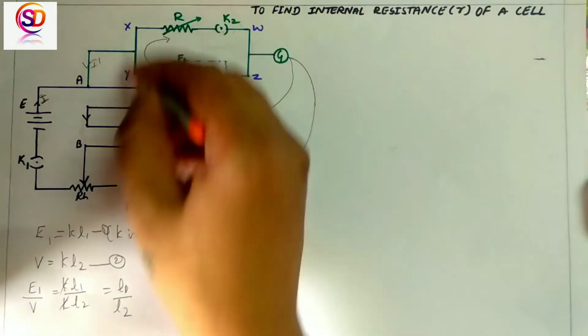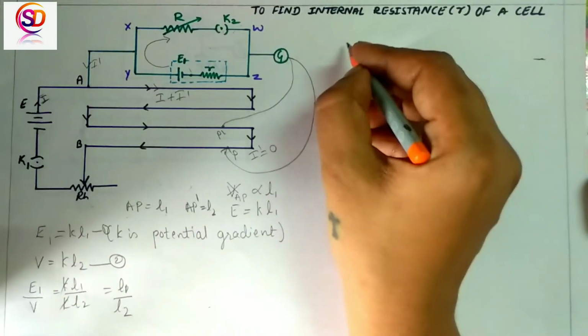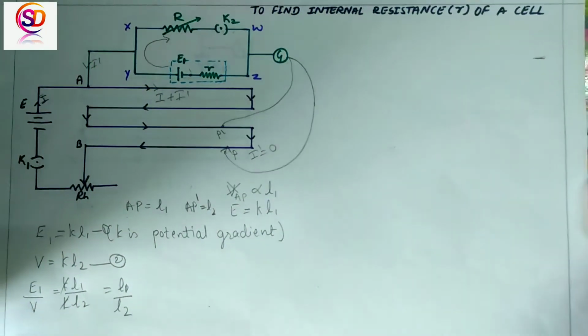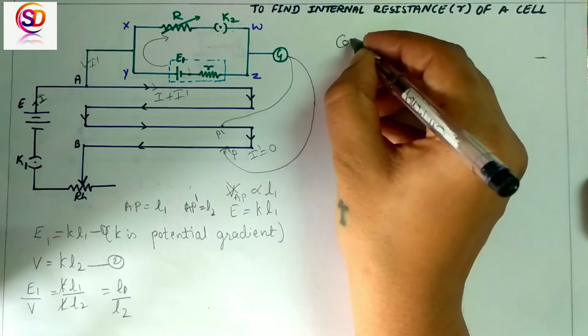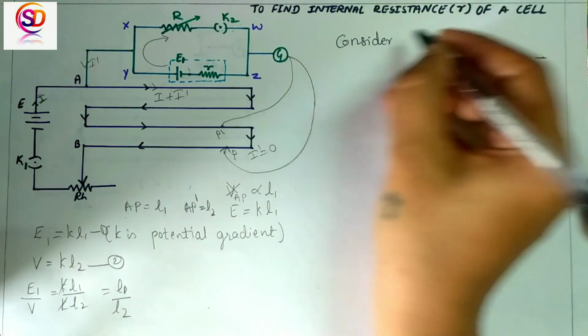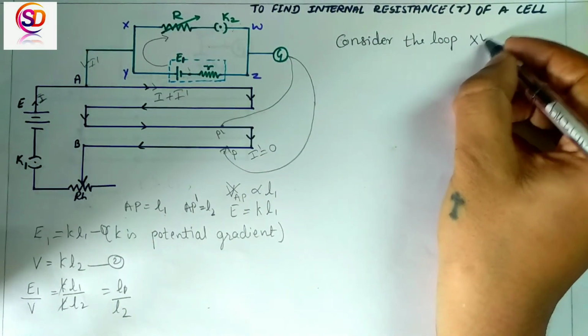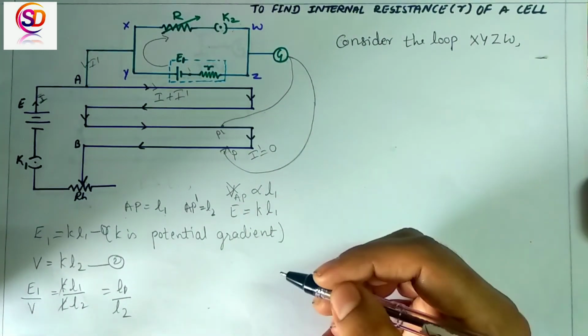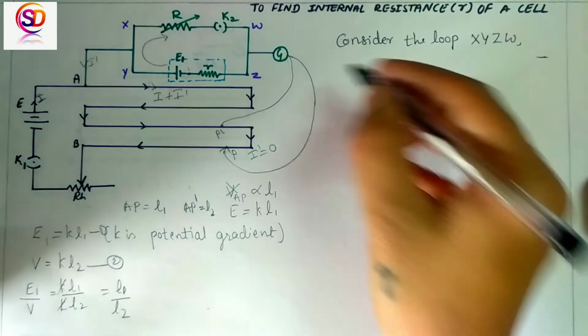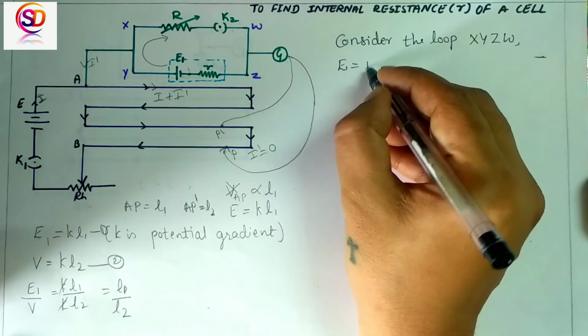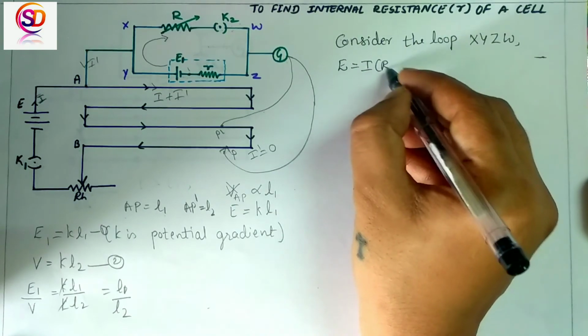Consider the loop XYZW now. In that, we can write EMF E1 equals I into R plus r.